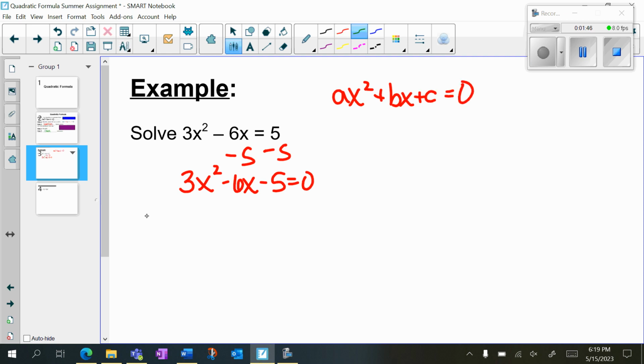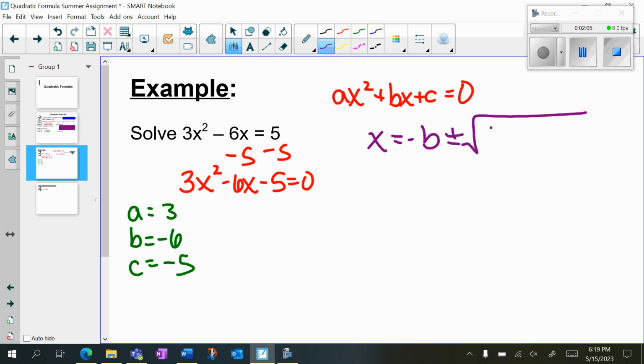Now we're going to identify our a value, b value, and c value. A is 3, b is negative 6, and c is negative 5. Now I'm going to rewrite the quadratic formula. X equals negative b plus or minus the square root of b squared minus 4ac all over 2a.